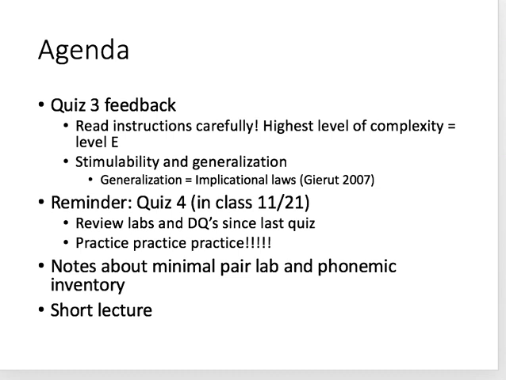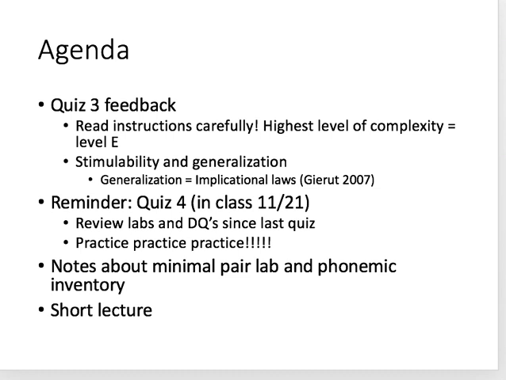Many of you did a really nice job identifying the complexity level on the Dinson typology. So remember that that child was at a level C, you might recall. But the point is that it was asking you to pick a target that then would bring them up to level E. Now remember that level E is stridency and laterality, right? You're introducing stridency, so you're introducing a new contrast.